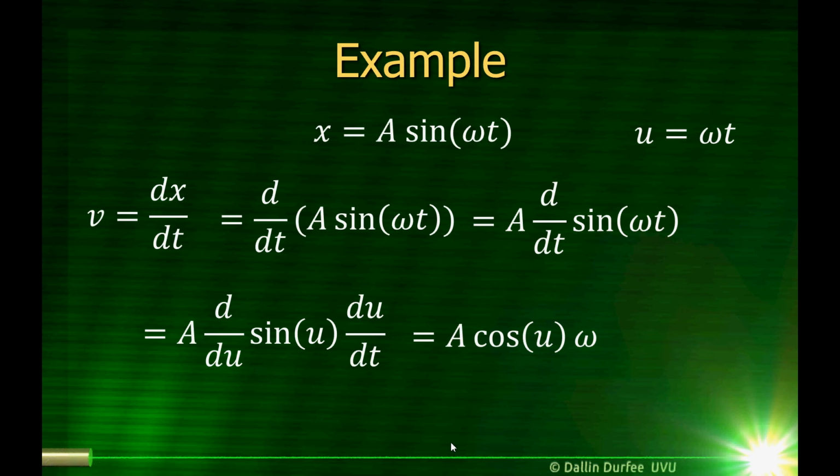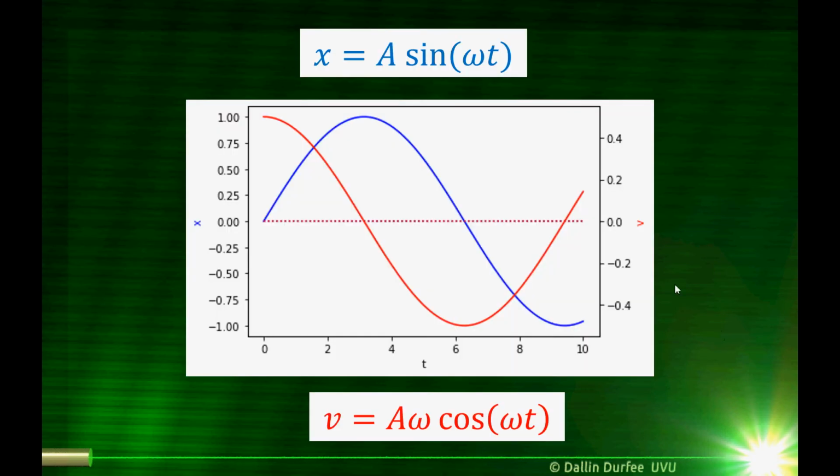And of course, the derivative of sine is just cosine, and the derivative of u with respect to t is just omega. And then I plug omega t back in for u, and there is the velocity of my object that is oscillating. So if x is a sine omega t, we took the derivative of that and found that the velocity would be a omega cosine of omega t.